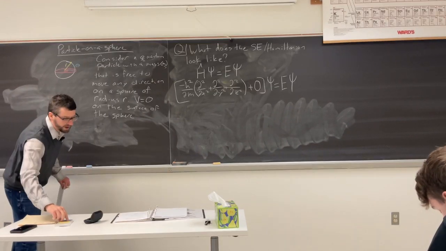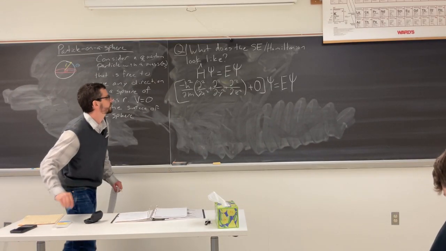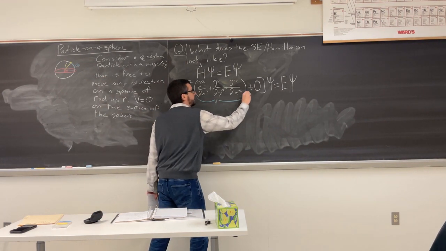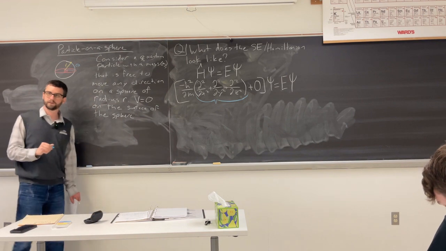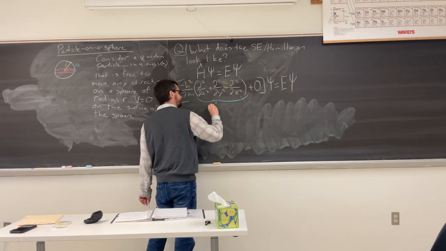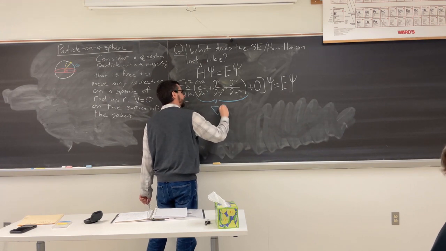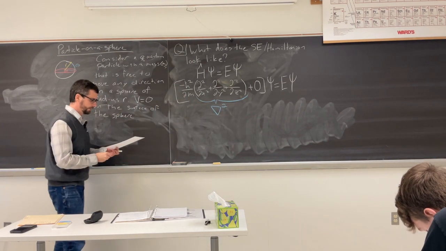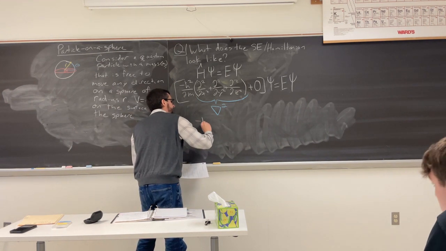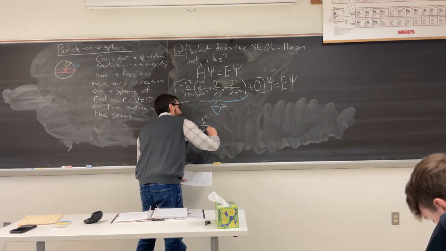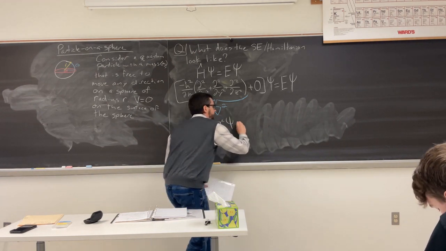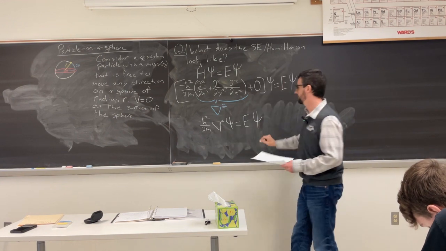What's another way we can represent this thing? We had another symbol. What was it? Yes, yep. Gradient. So we can represent this guy like that.